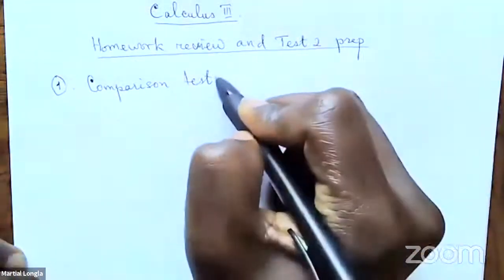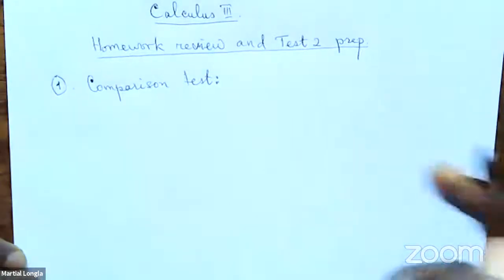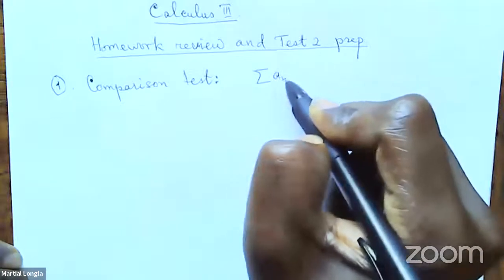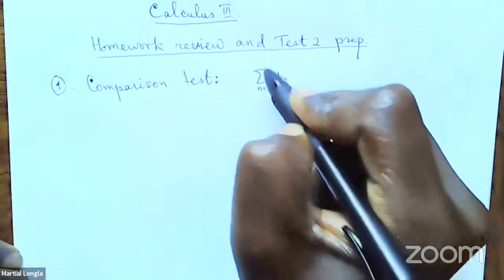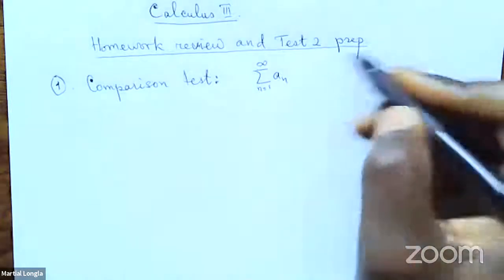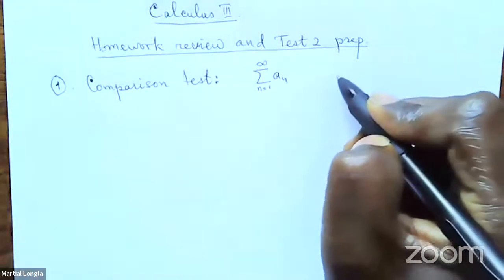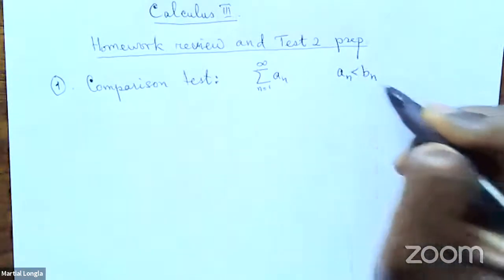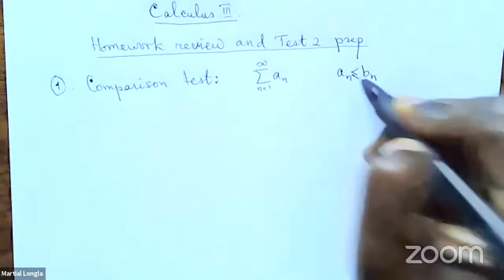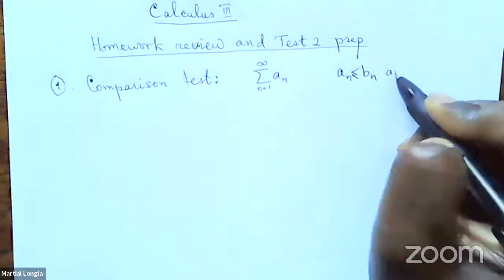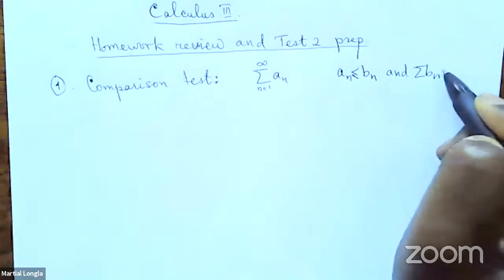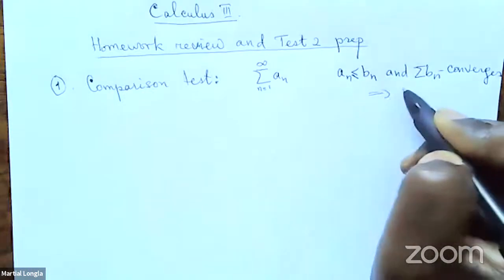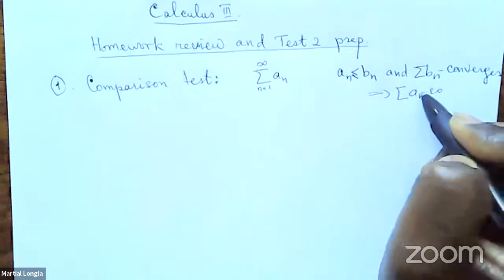So the comparison test: you have a series, sum of a_n from 1 to infinity, and if you build b_n that is larger than or equal to a_n, and the sum of b_n converges, then the sum of a_n converges.